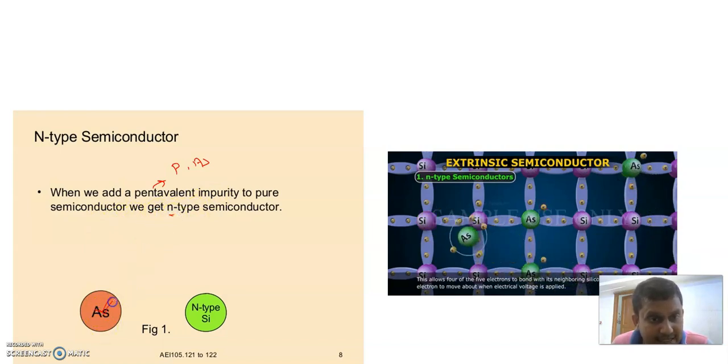In this image, we can see the pure semiconductor silicon, and we are adding arsenic by the doping process as an impurity. So it becomes an extrinsic semiconductor, and since arsenic is a pentavalent impurity, it becomes an n-type semiconductor.